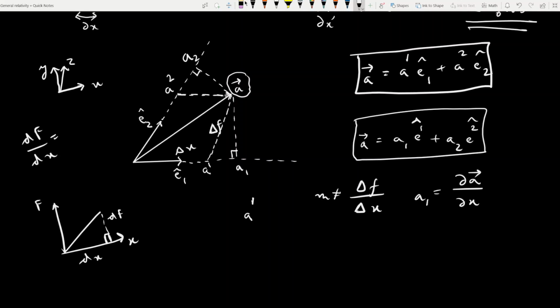Now in tensor calculus, we have to maintain our index. If the left hand side has no index, since A has no index here, the right hand side should also have no index. How can we make that possible?